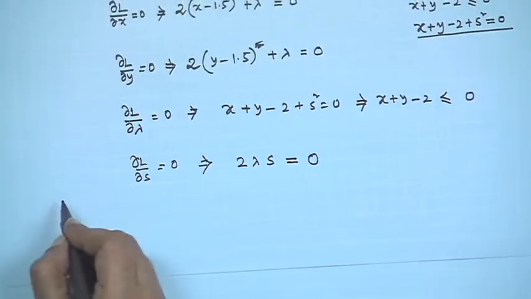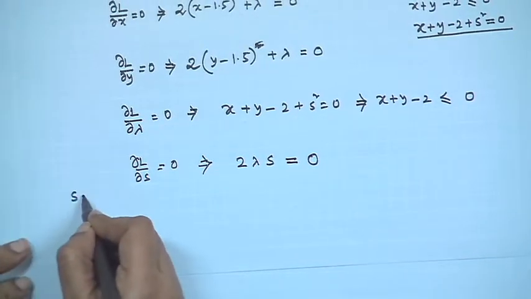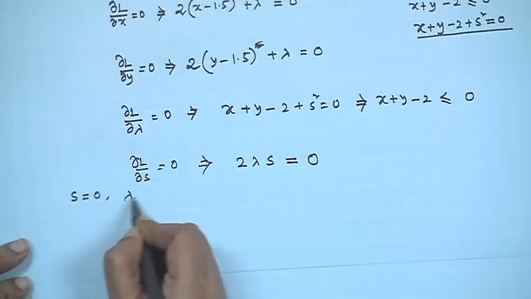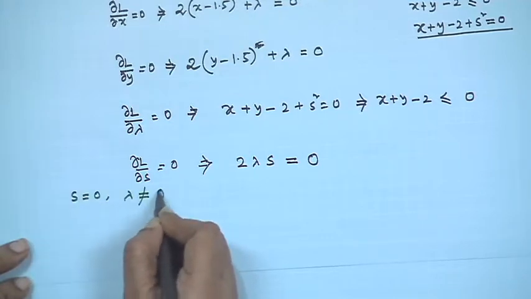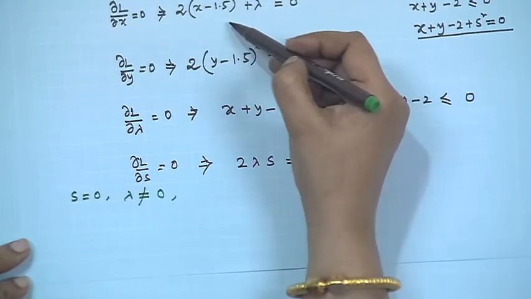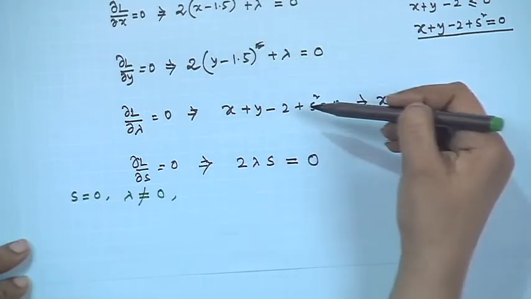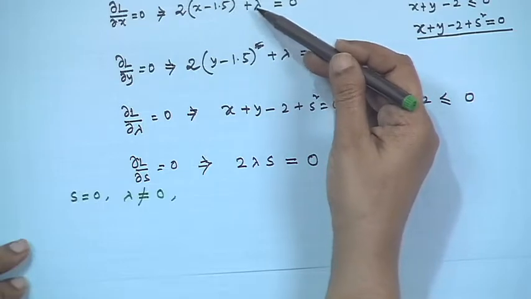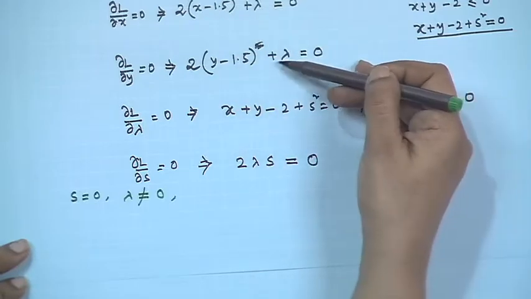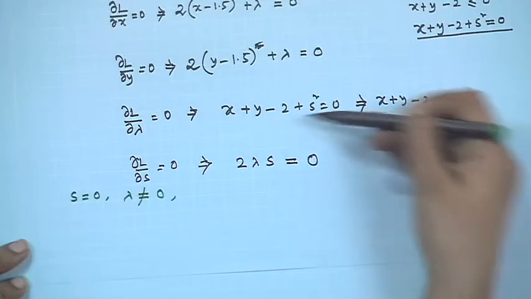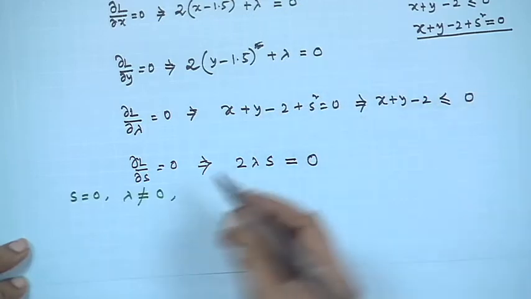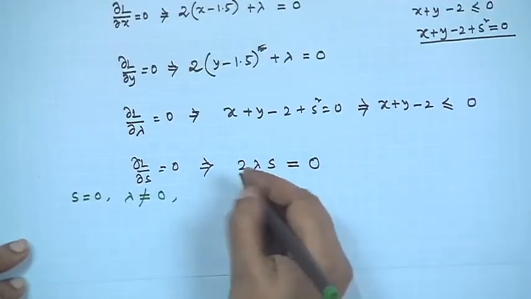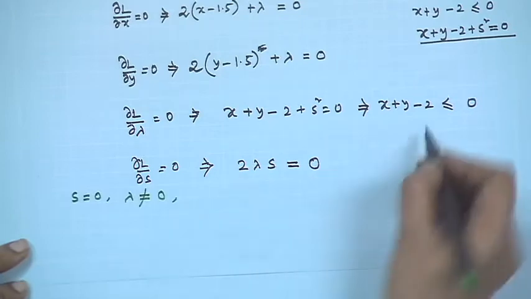Now, if we try to consider the values, if we consider s is equal to 0, then lambda is not equal to 0.